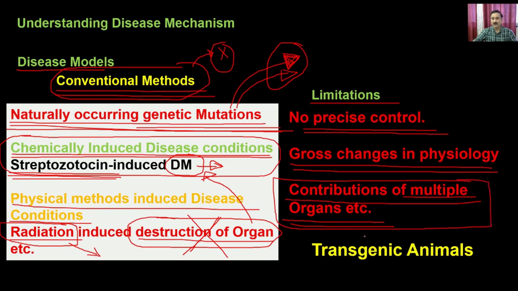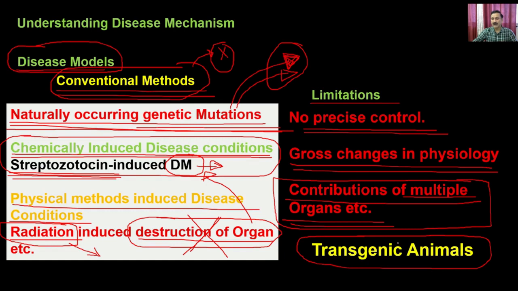And that's how people have shifted towards transgenic animals to develop disease models, because with transgenic animals you have the full information that this particular gene might be responsible. So you can overexpress that particular gene, or you can knock out that particular gene, to develop a particular type of disease model.